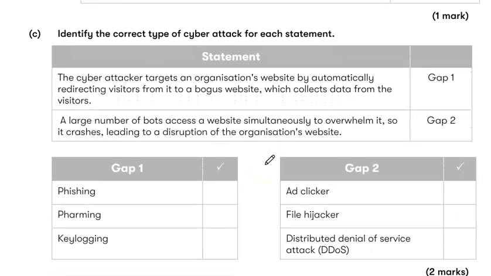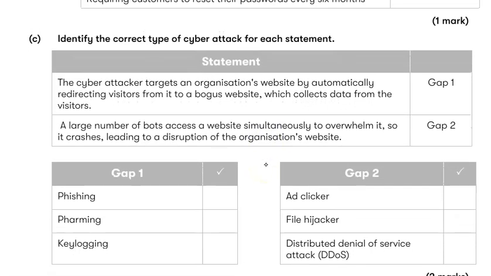The next one is for the 2 mark questions. Identify the correct type of cyber attack for each statement. The cyber attacker targets an organisation's website, automatically redirecting visitors from it to a bogus website, which collects data from the visitors.